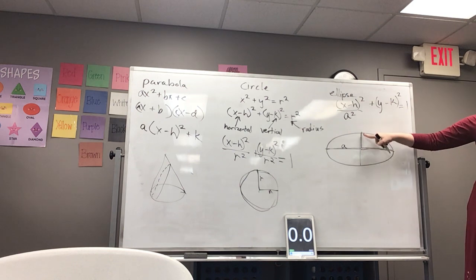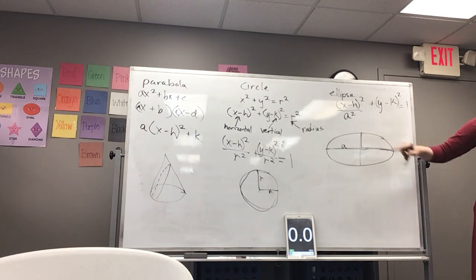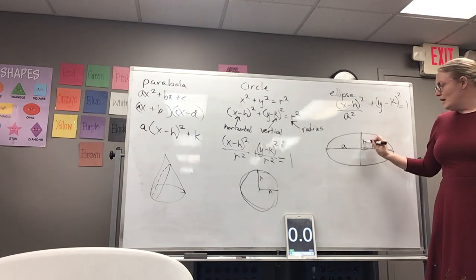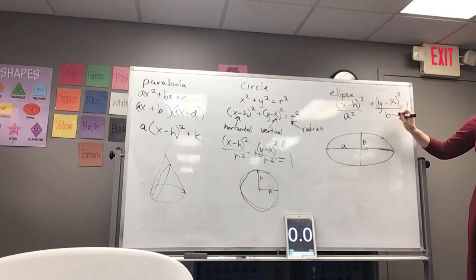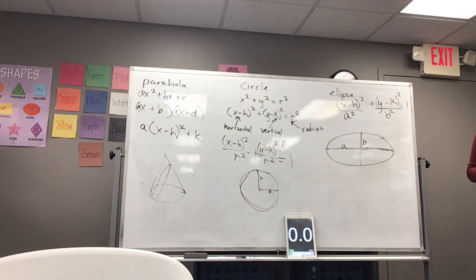If this is the distance vertically represented as b, then our vertical is represented by that wobble, or that difference.